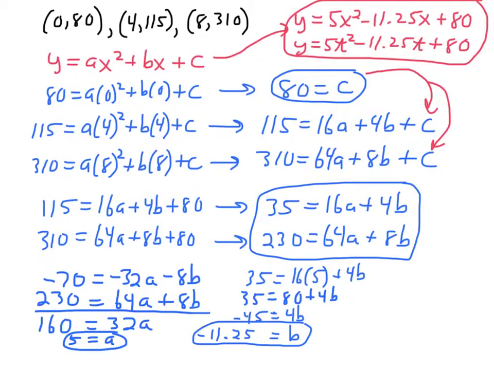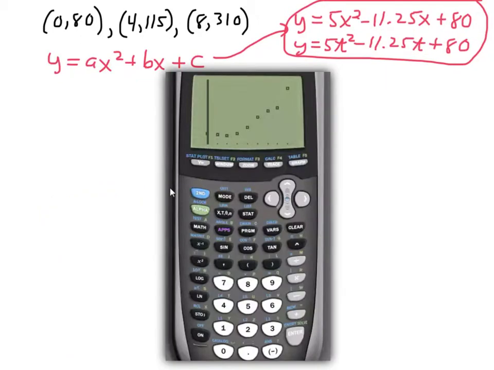Now to check to make sure that's right, I'm going to go back to my calculator and pull up that scatter plot and add this equation in and make sure it does pass through the 3 points I chose at the beginning. So here's the scatter plot that we did before, and what I'm going to do now is just press y equals and enter our equation in.